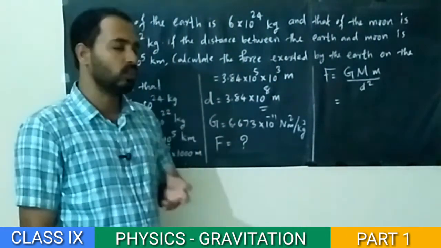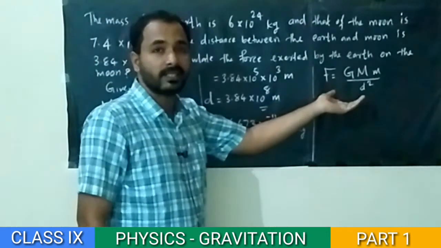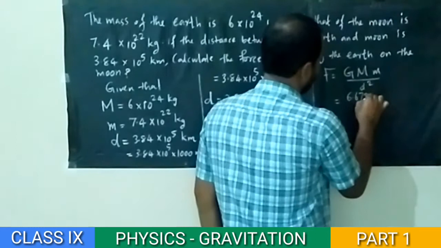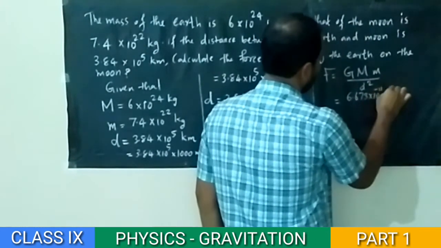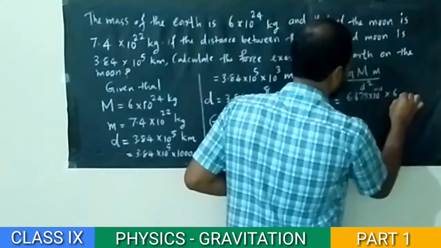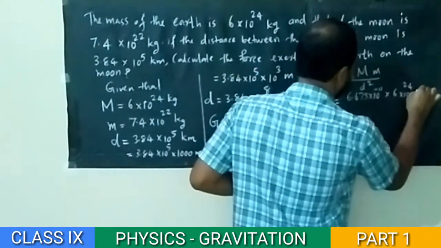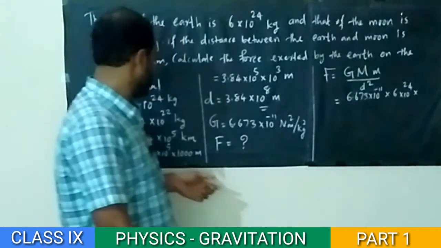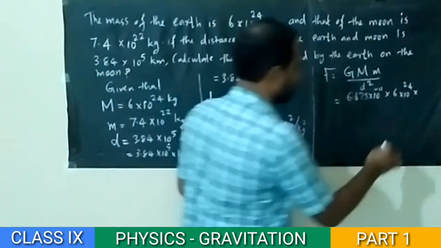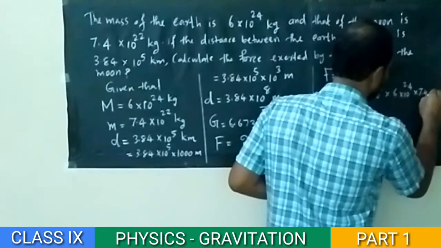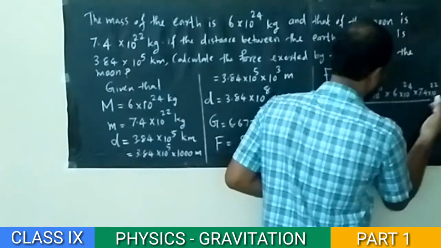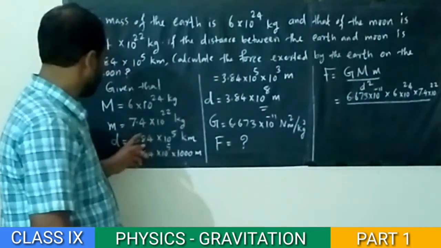Then substitute the given values in this equation. F = 6.673 × 10^-11 × 6 × 10^24 × 7.4 × 10^22, divided by d square.